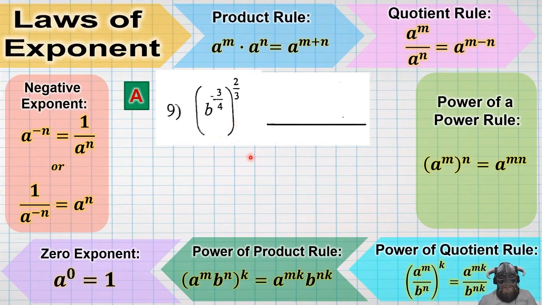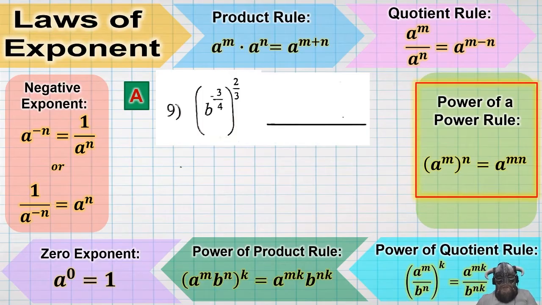So, in this case, gagamit tayo ng power of a power rule. So, what do we need to do? You just need to multiply their exponents. So, we have b raised to negative 3 over 4. By the way, pwede mong ilagay kung nasa gitna or naka-align kay vinculum o yung over sign, si negative, pwede mo siyang ilagay sa numerator.